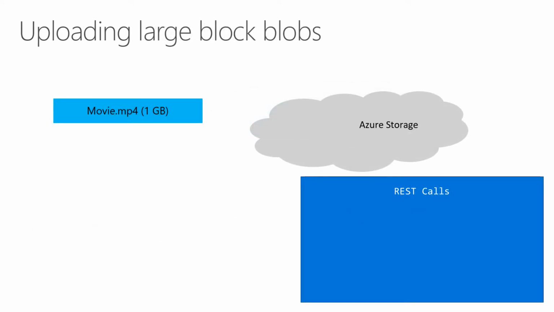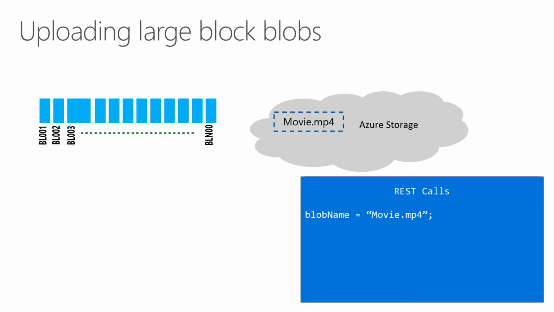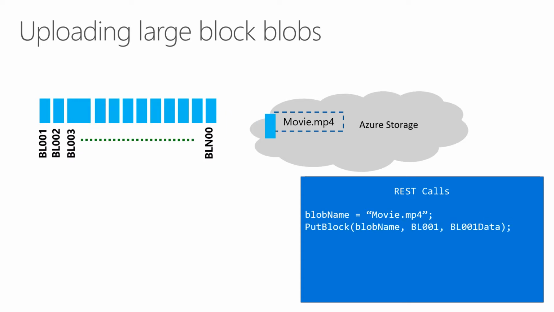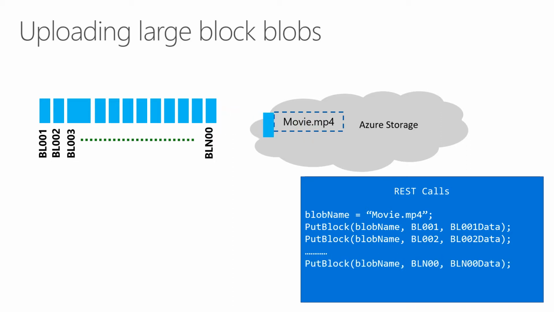Here's another example, a movie file with a size of 1 gigabyte. And what you can see on the right is the process of uploading large blobs. So in this case, we upload it chunk by chunk in smaller pieces to in the end have the whole 1 gigabyte transferred.